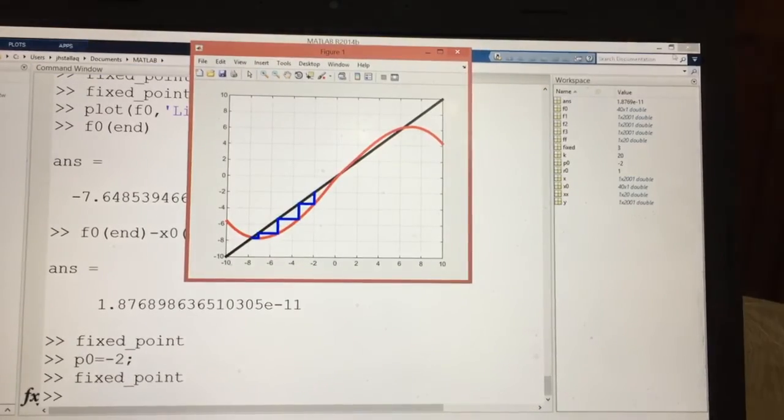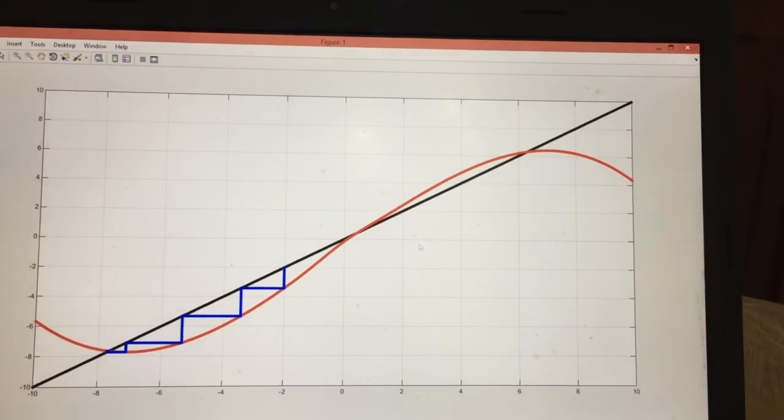Fixed point. Again, it will converge. We started at -2, vertical, horizontal, and it reaches that solution. If we start at this point here, it will go to that solution. If we start at this point here, it will come back. So these two points are now stable. This point is unstable, but if we want to find the solution at this point, we should use the original function.